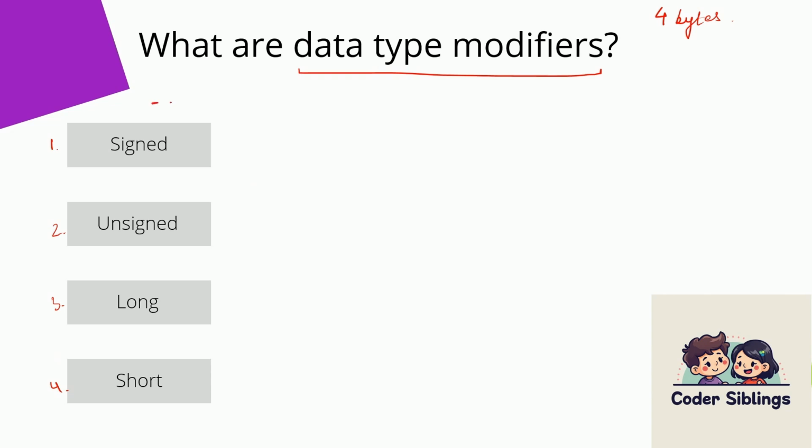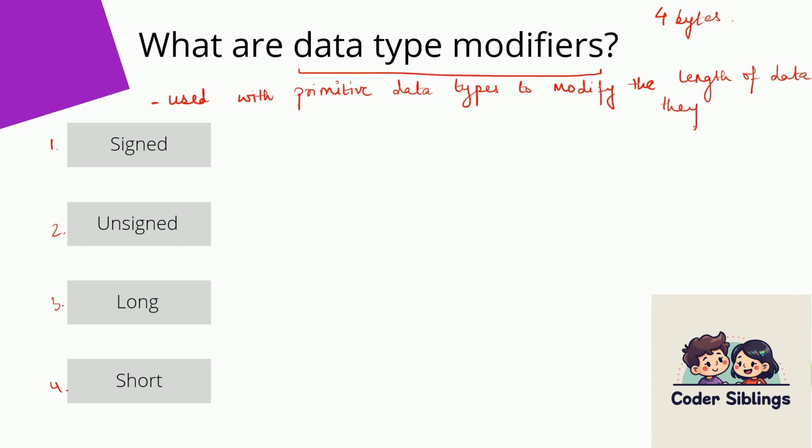So what are they? They are used with primitive data types to modify the length of data they hold, right? So now we see signed, unsigned, long and short.